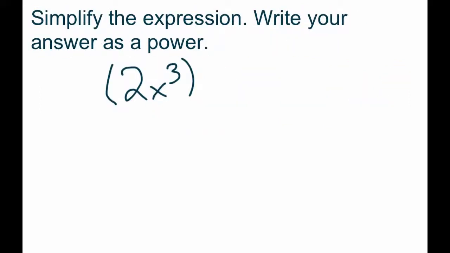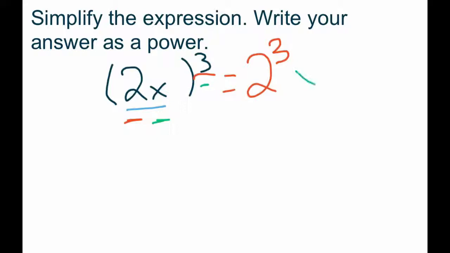Let's try an example. Here we have the product 2x raised to the power of 3. So we would take our first factor of 2 and raise it to the third power, and then we would take x and raise it to the third power.